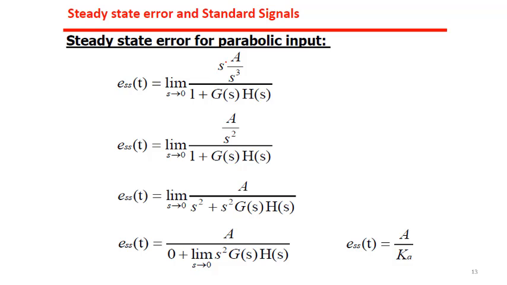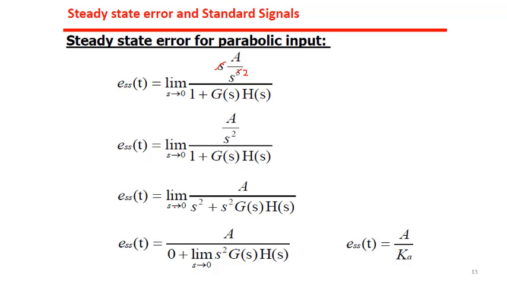So here this s gets cancelled with the s cube, remaining with s square. So what we get, A divided by s square. Then we are going to bring this s square into the denominator term. So what we get, A divided by s square plus s square into G of s into H of s.